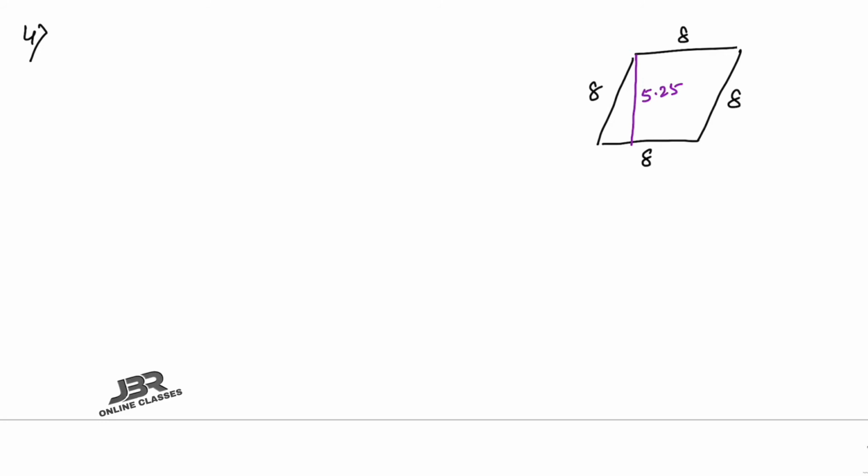So one diagonal is here, write down the diagonal. Suppose D1, the first diagonal, is 15 centimeters. Whenever you want to find the area of the rhombus, that is equal to half into the product of the diagonals. Now suppose you join this in this way, this one is a diagonal.